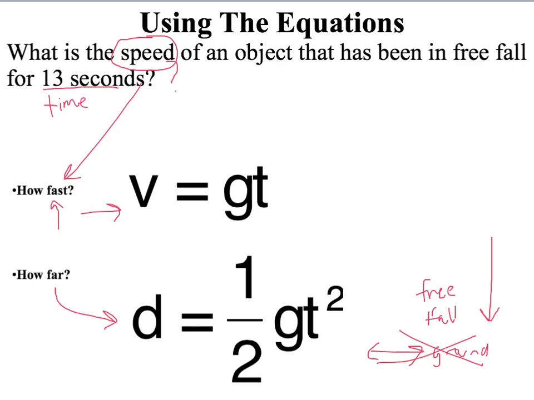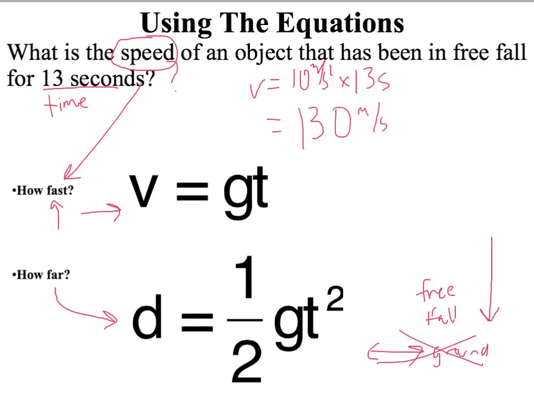So we don't know v, and we do know that time is 13 seconds. And here's little g, our friend, is going to be 10 meters per second squared. So all we have to do is multiply these together, and you get 130. Now one of the toughest things that you're going to have to remember is putting the right units. It's a velocity, so those units are going to be meters per second.